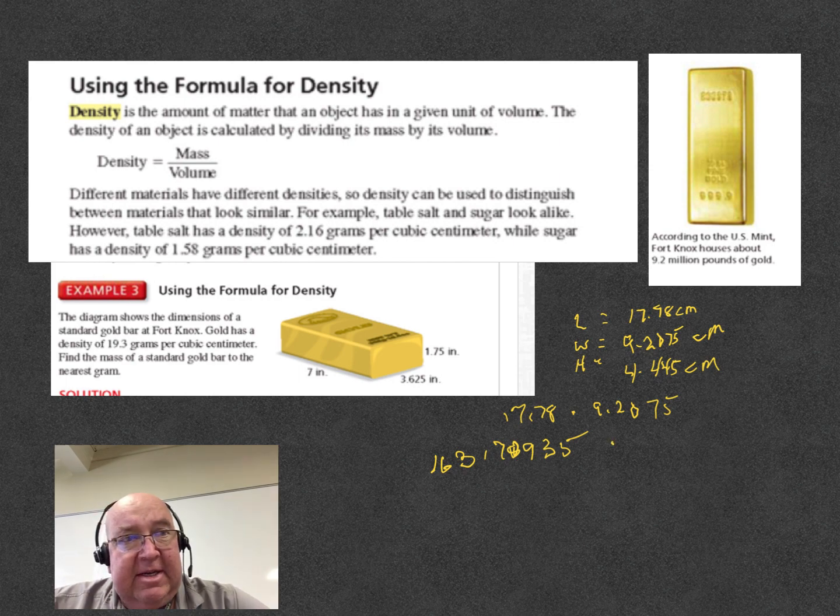We're going to multiply that number by 4.445, and we're going to get our volume of our gold bar is going to be 727.69 centimeters cubed.